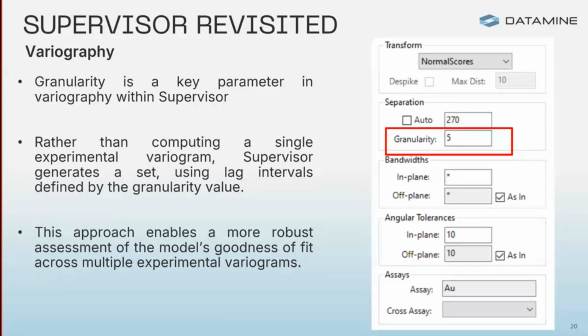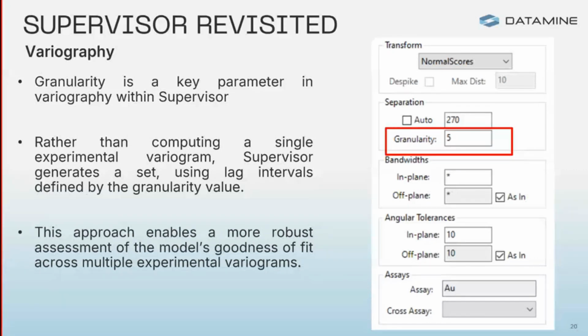It's a parameter that is really important in Supervisor, and it is what we call the granularity. The granularity is a key parameter when doing variography in Supervisor. Remember that when you use Supervisor, rather than computing a single experimental variogram, Supervisor generates a set of variograms using lag intervals defined by the granularity value.